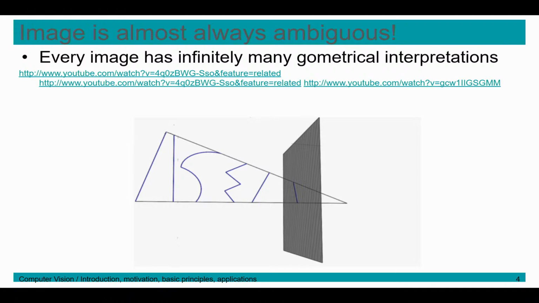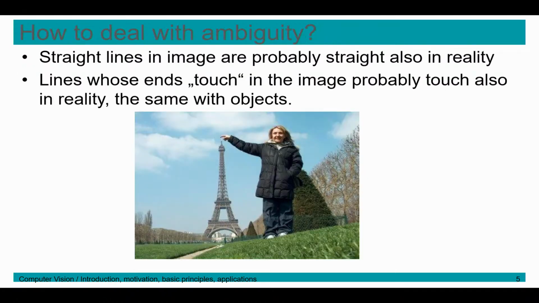There is an infinite number of scenes which can create the same image. But fortunately, most of them don't make sense at all. And we as humans use a lot of either really low-level cues or even higher-level semantic understanding of what the real world is and what it may contain for us to be able to understand it.